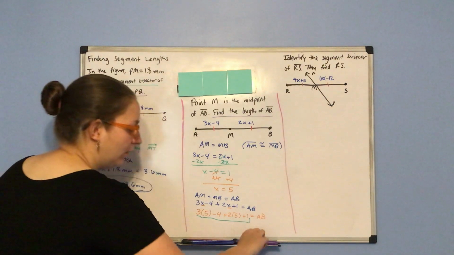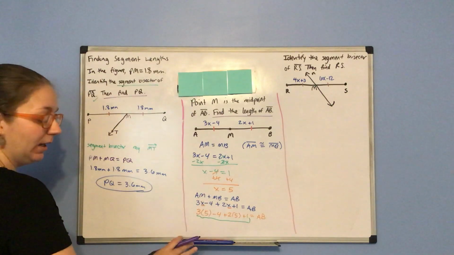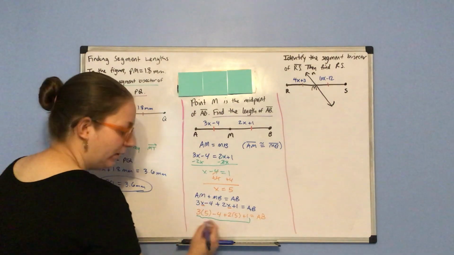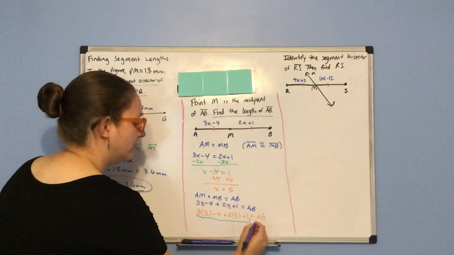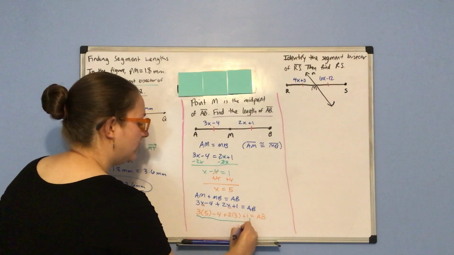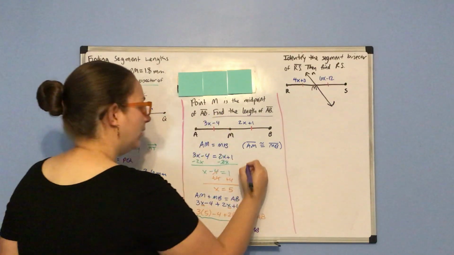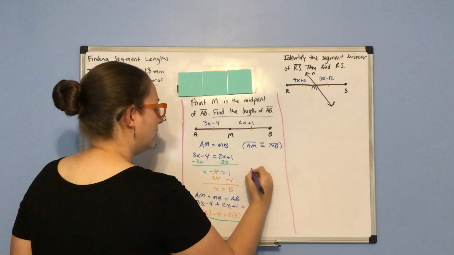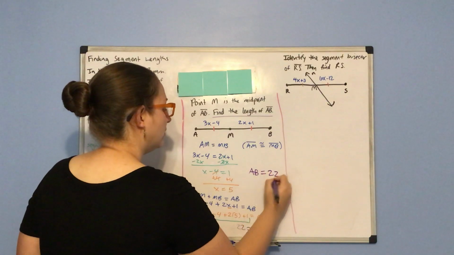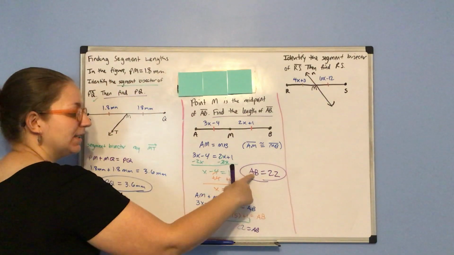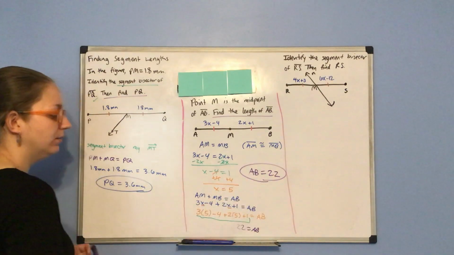And I've already done that work, but if you want, or if you could do this by hand, that would be fine too. When you do all of that, you are going to get 22 for your AB length. So to answer what they're asking for, the length of AB is 22. Remember that when we don't use the line segment symbol above, it means length of AB equals 22.